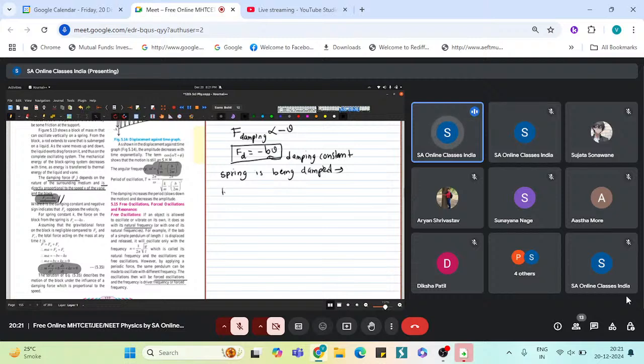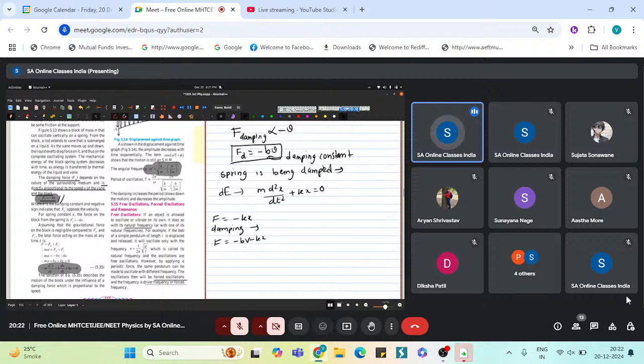So the original equation, if you remember, is m d2x by dt square plus kx is equal to 0, right? So basically F is equal to minus kx. But if you add damping to it, you will have F is equal to minus bv minus kx.